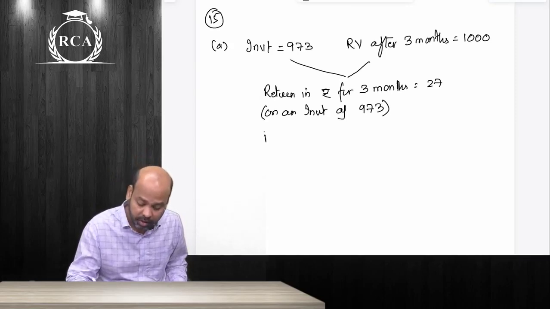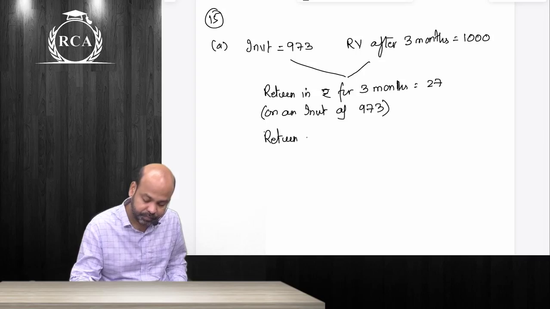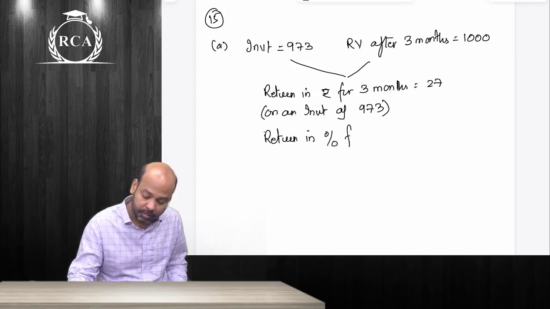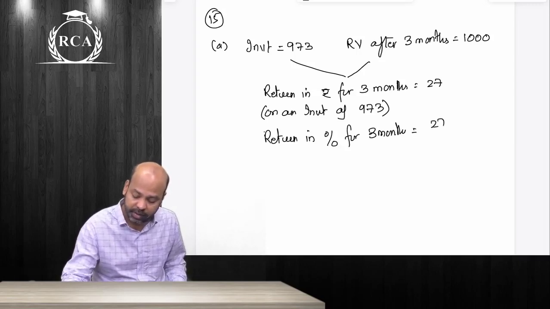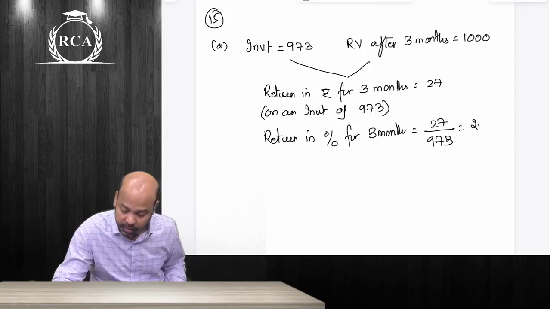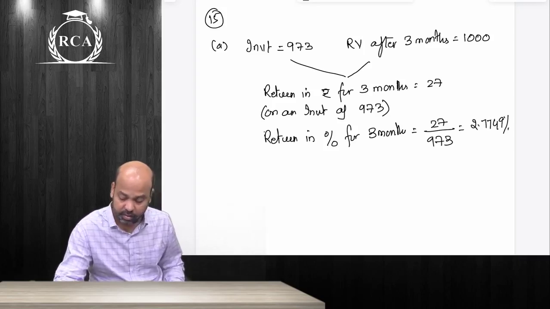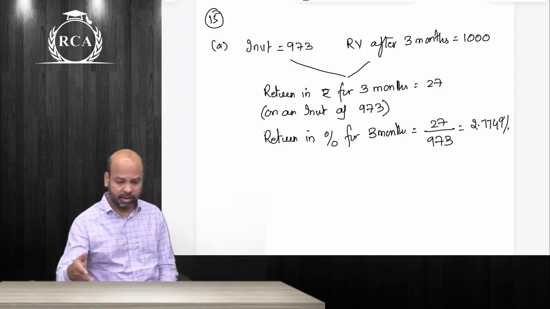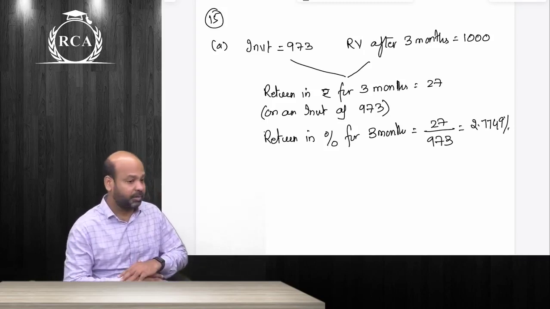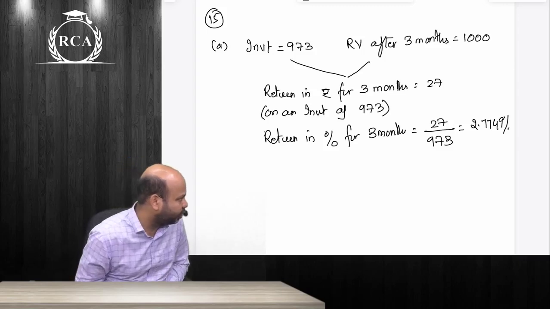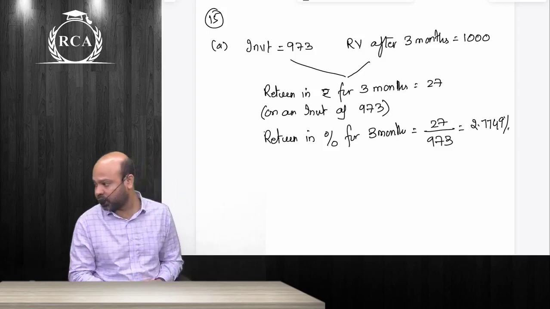What will be your return in percentage for 3 months? Return in percentage for 3 months is 27 divided by 973. You will get 2.775%, or 2.7749%. This is the return that you're generating for a span of 3 months.